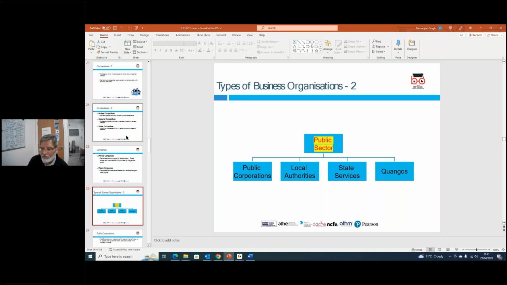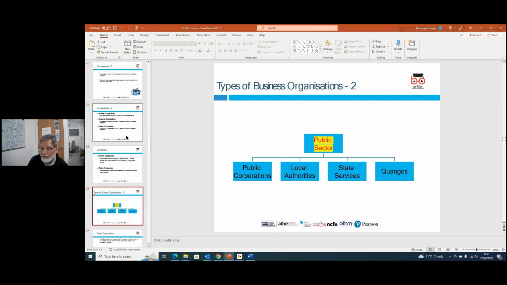The public sector is owned and run by the government: state services, local authorities, public corporations. Public corporations, for example hospitals, which local authorities run, and national services, for example the army, police, hospitals, right?